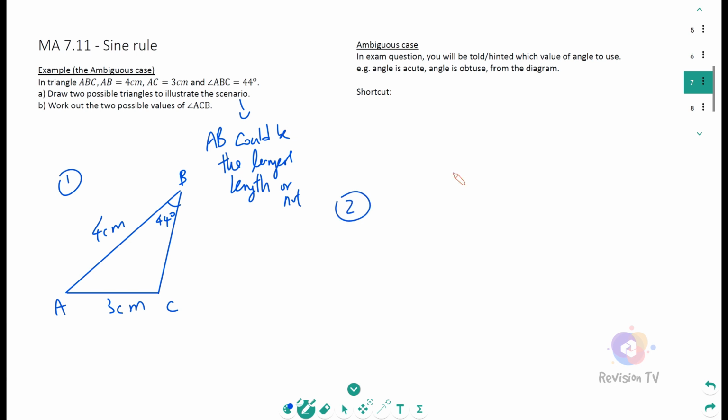Scenario number 2 is, let's have AC in the same position, 3 centimeters. Now, if AB is not the longest, then surely BC is the longest. So BC is the longest like that. So work out the angle ACB.